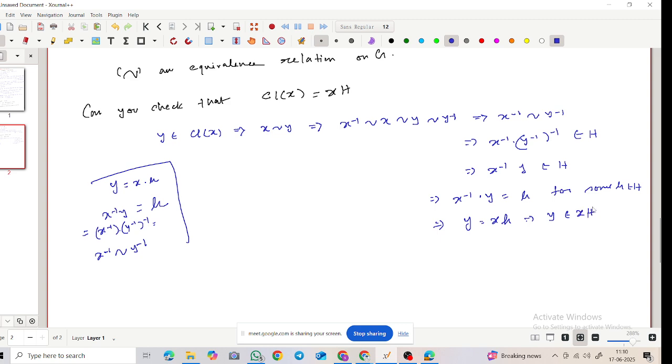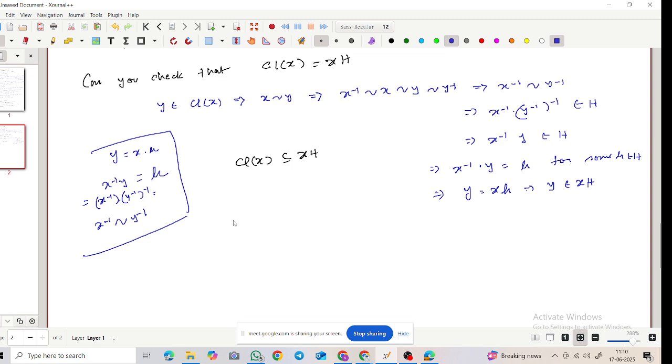Clear? So we have that the class of x is a subset of xH. But what about the other direction?